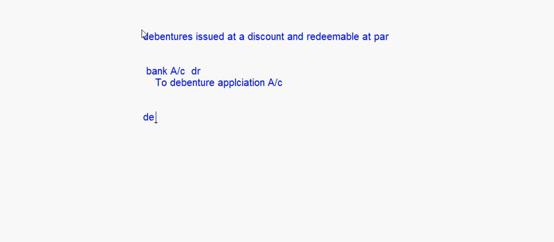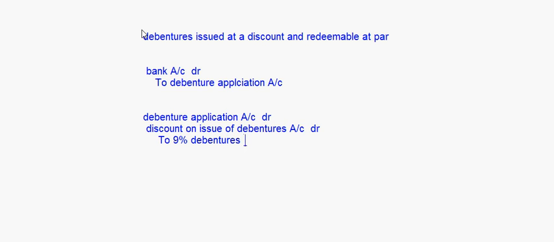Now you will write debenture application account debit, discount on issue of debentures account with the value of the discount, debit to 9% debentures account. Okay.